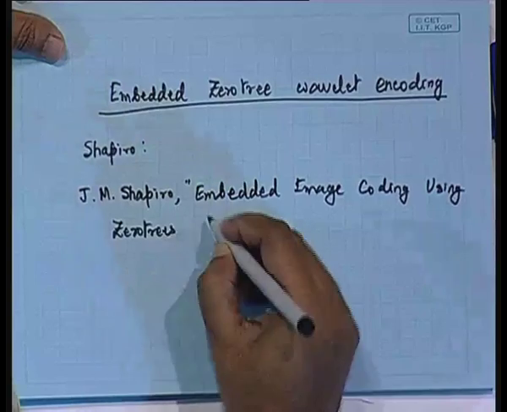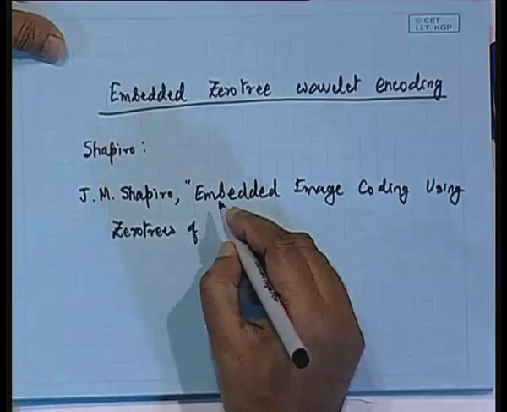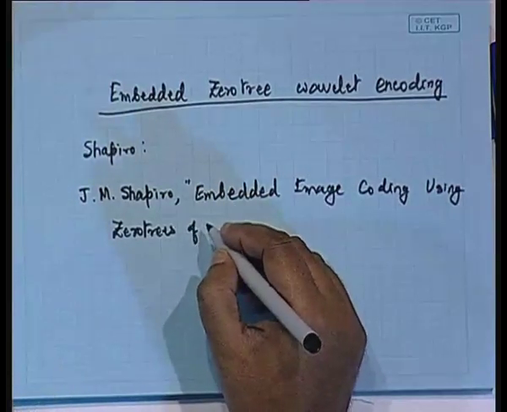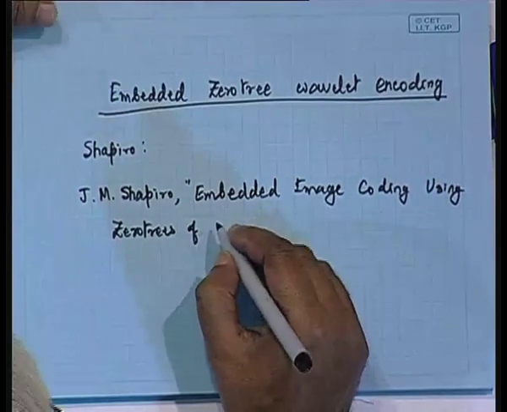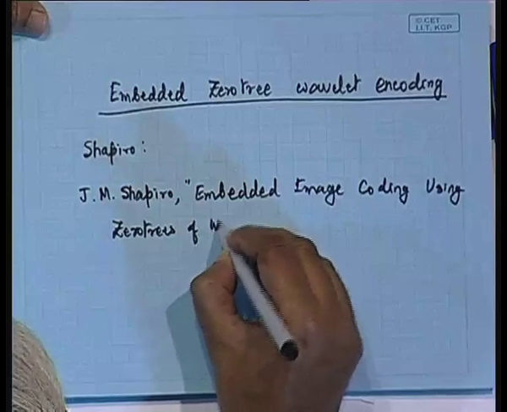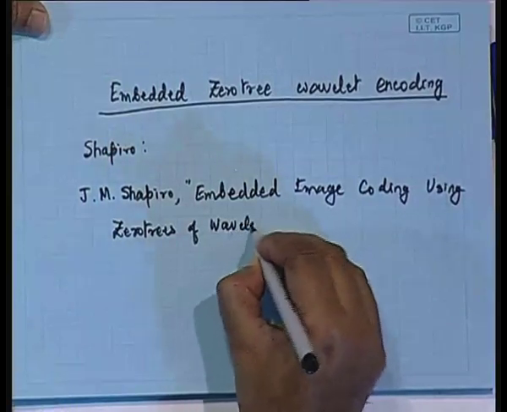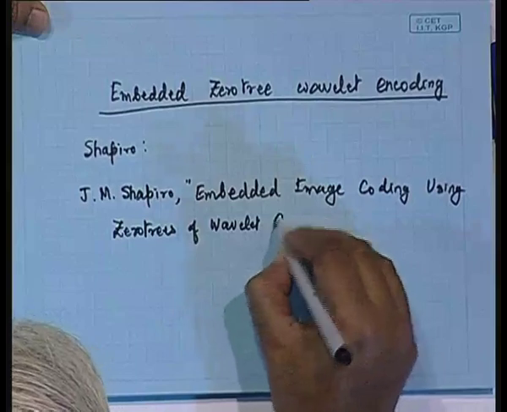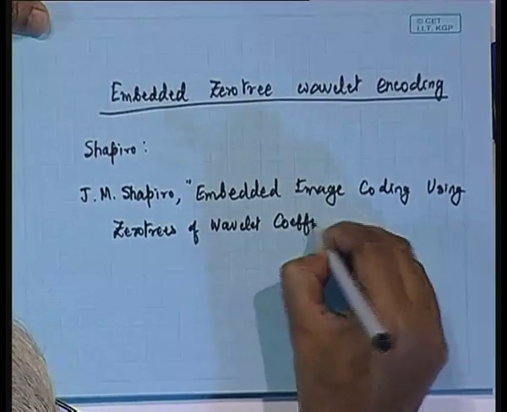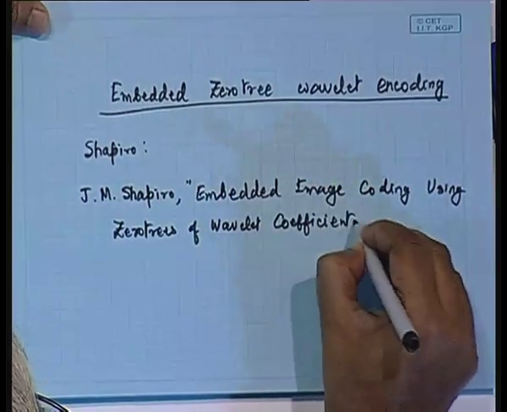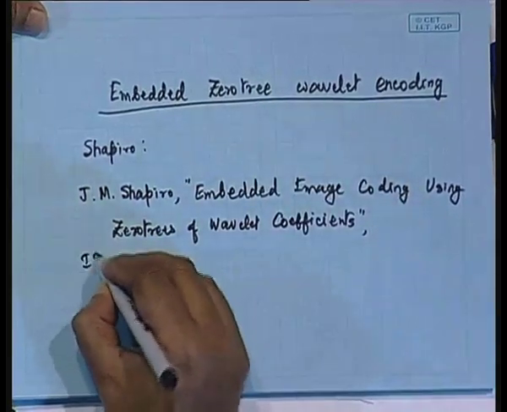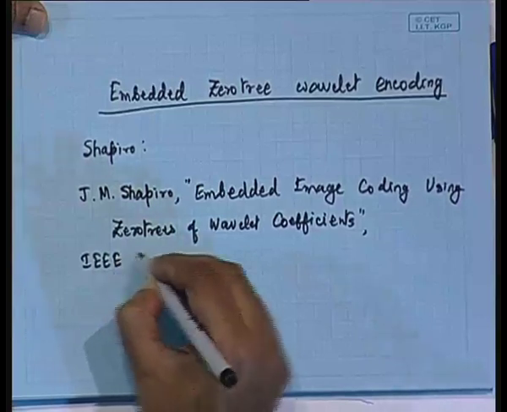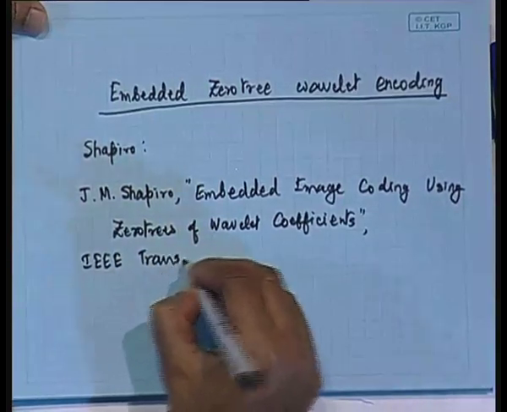Now, the term zero tree is not yet known to us. Tree is known because we have just described what a tree structure is going to be in terms of the wavelet coefficient. And as I was telling you, this is a classical paper and it appeared in IEEE Transactions on Signal Processing.